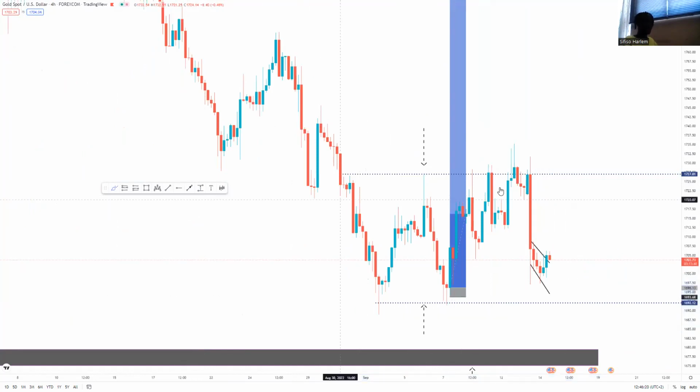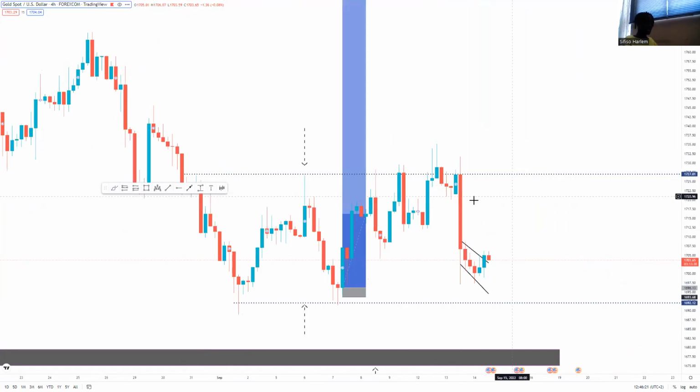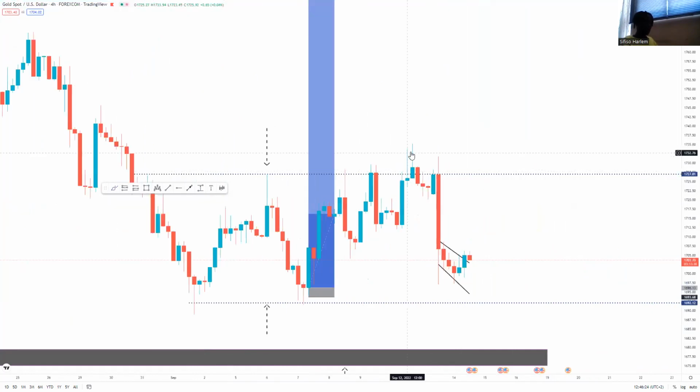So looking at this now, I can say price broke out, shot to the upside, but failed, took the highs out and reversed to the downside.